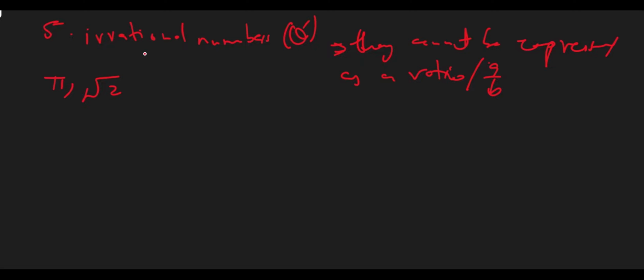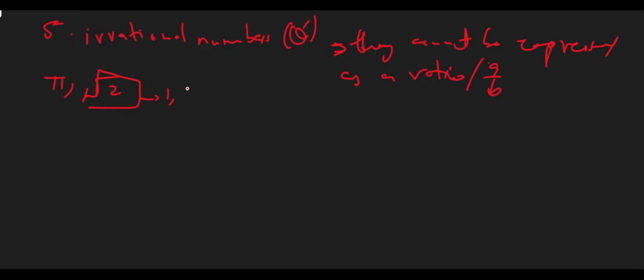Basically, irrational numbers have no pattern. They are indefinite. I gave an example of root 2. Root 2 doesn't have a specific pattern. It doesn't follow a pattern.